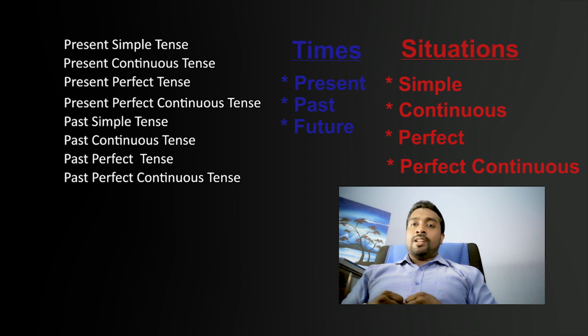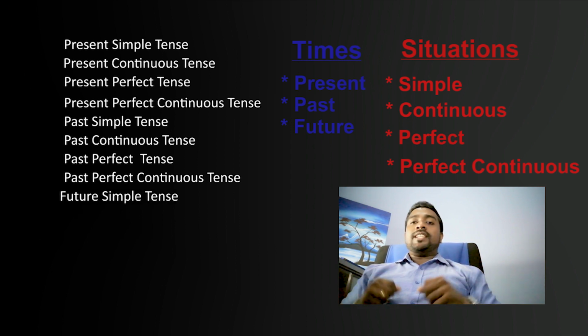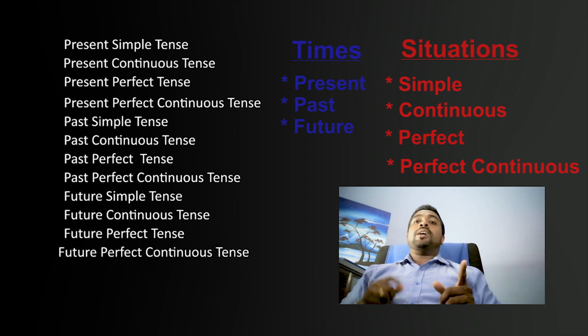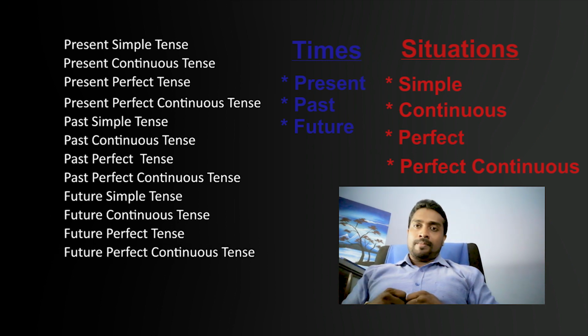Finally, we can make future tenses. In the same way, we join future time with the 4 situations. Then you can get future simple tense, future continuous tense, future perfect tense, future perfect continuous tense.